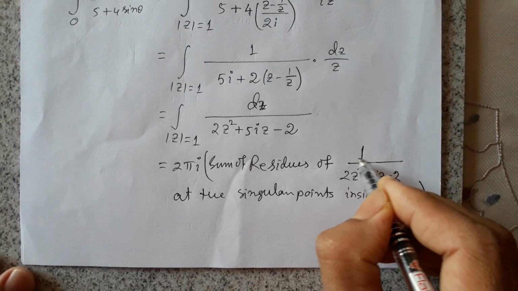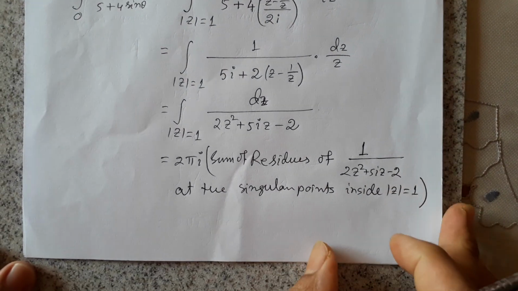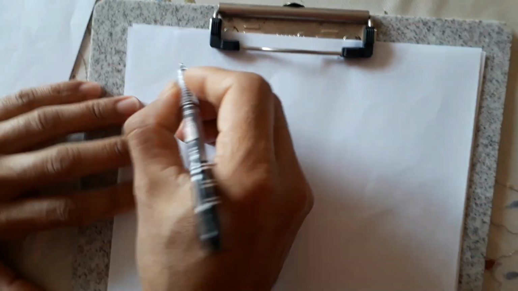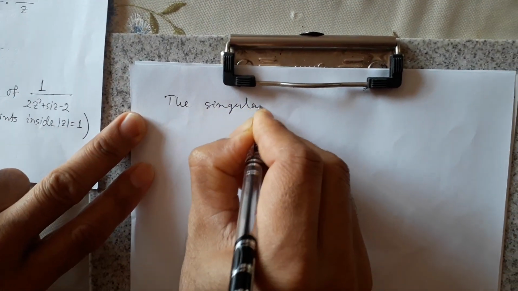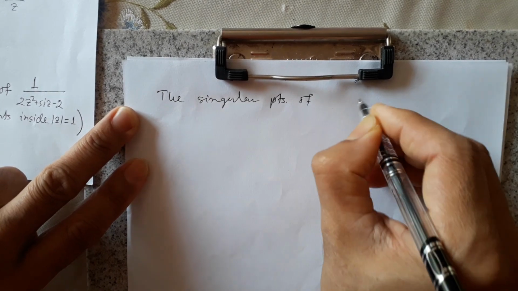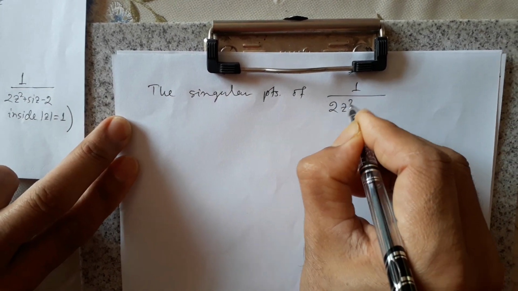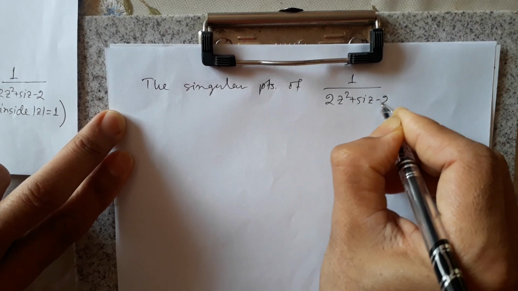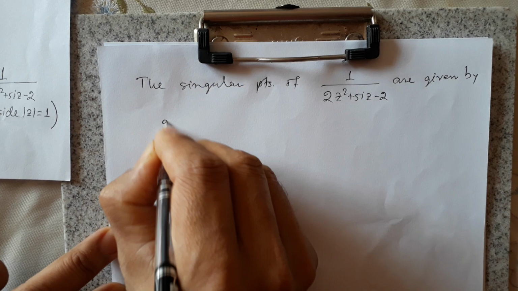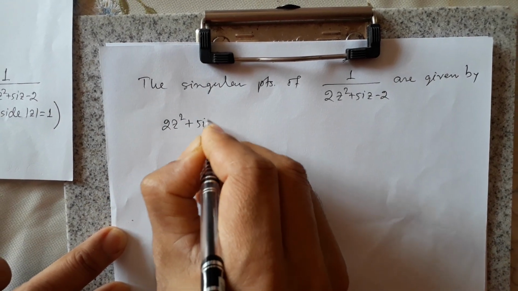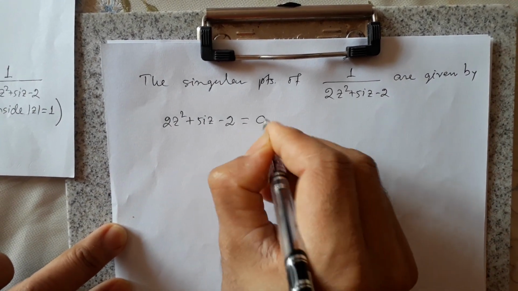Let us see what the singular points of this function are first. The singular points of 1 upon 2z square plus 5iz minus 2 are given by 2z square plus 5iz minus 2 equal to 0.